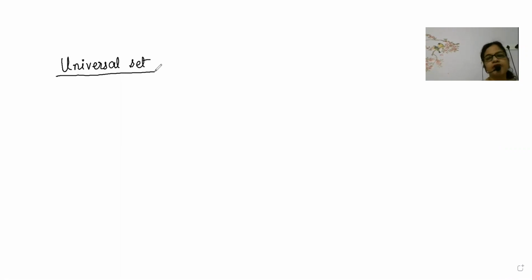Full content present in a set, that is exactly called the universal set. So if somebody says N is a natural number and N is a set of all the elements starting from 1 and going towards positive infinity.